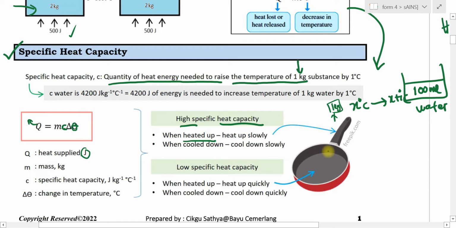Okay. Contoh dalam pen, kita ada satu pen ni, bahagian pemegang ni dia adalah high specific heat capacity. It heats up very slowly and it cools down also very slowly. Tapi badan periuk tu, okay, it must have a low specific heat capacity.